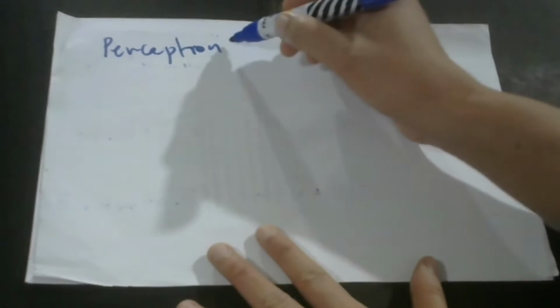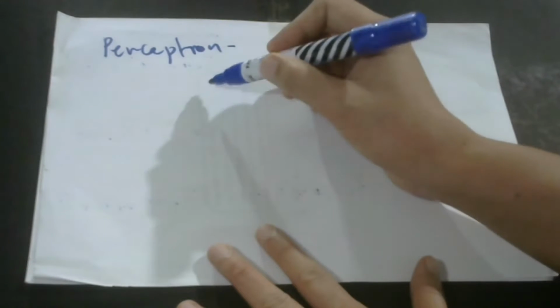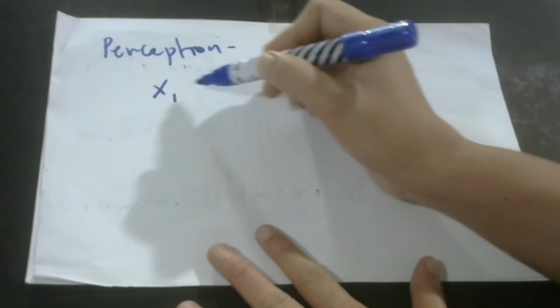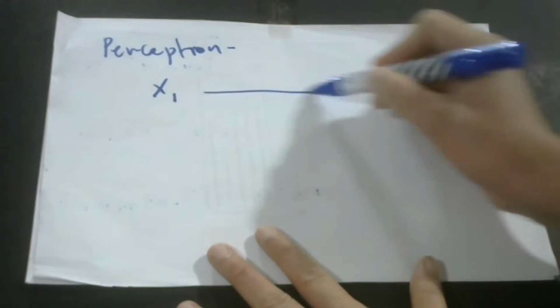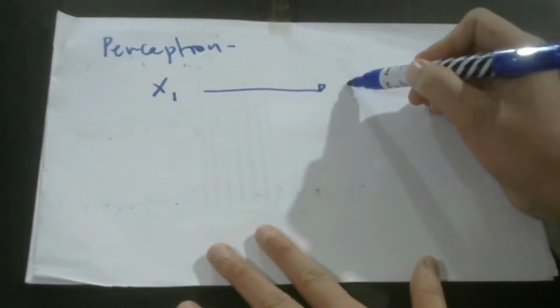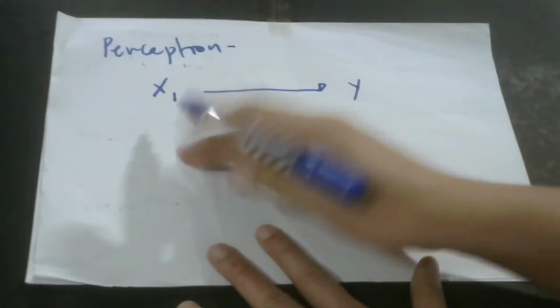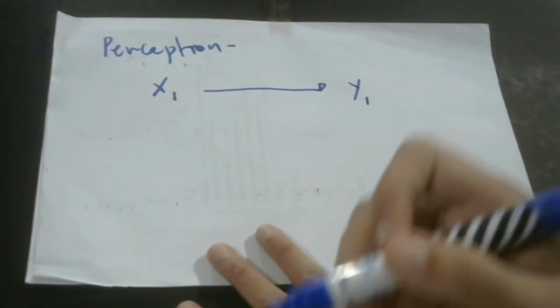So basically, when we say perceptron, we refer to a set of inputs that is directly mapped to a certain output. So for example, we have here a certain input, which is X, and it is mapped to a certain output, which is Y. But this does not work as simply as this, because in between X1 and Y1, there is always what we call an intermediary.